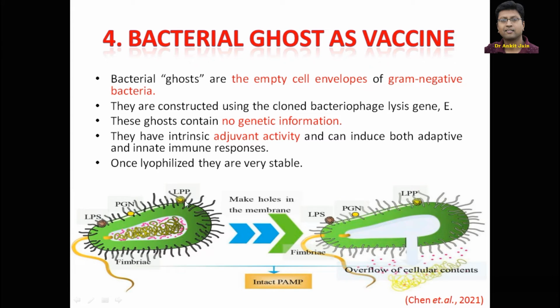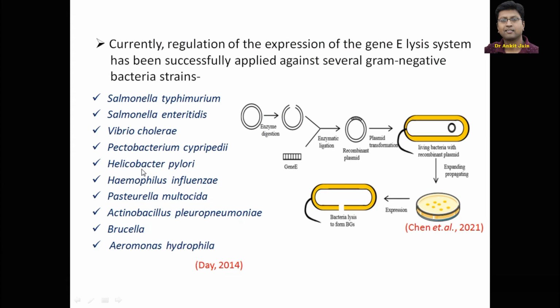So how is this bacterial ghost prepared? It is prepared with the help of gene E, the bacteriophage lysis gene E, and with the help of that E protein, it creates a pore in the bacterial cell. It has good adjuvant property, and it is very stable when lyophilized.